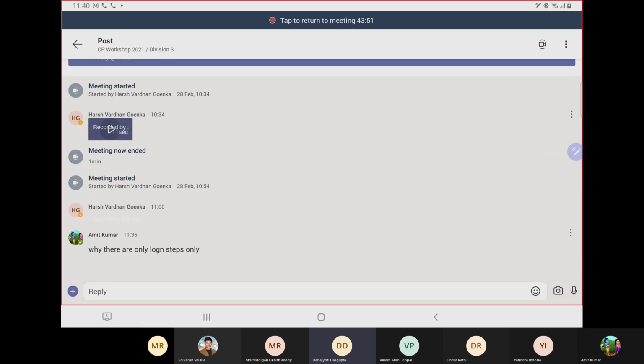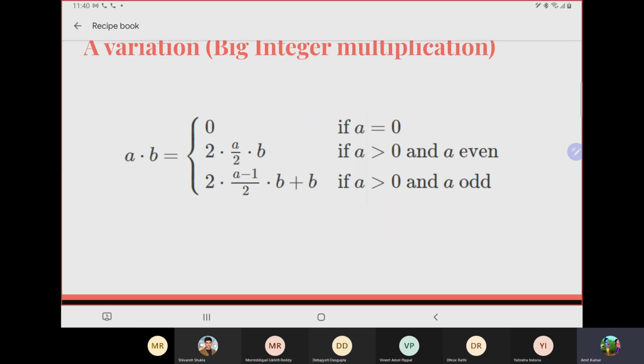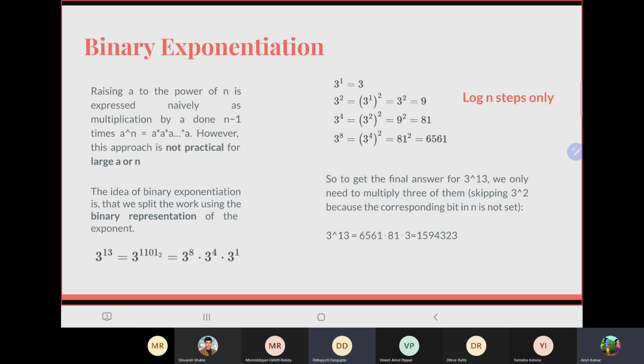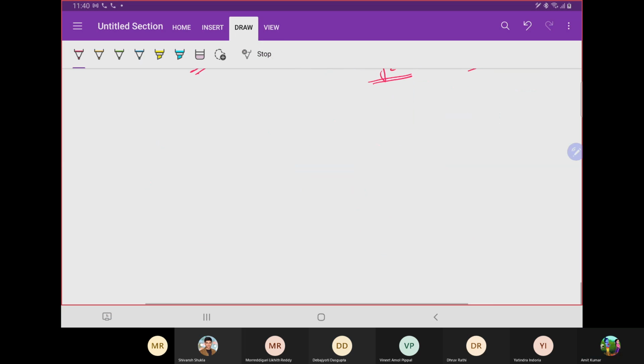Okay, Amit is asking why there are only log n steps. Amit, can you unmute yourself? You want to know why there are only log n steps?